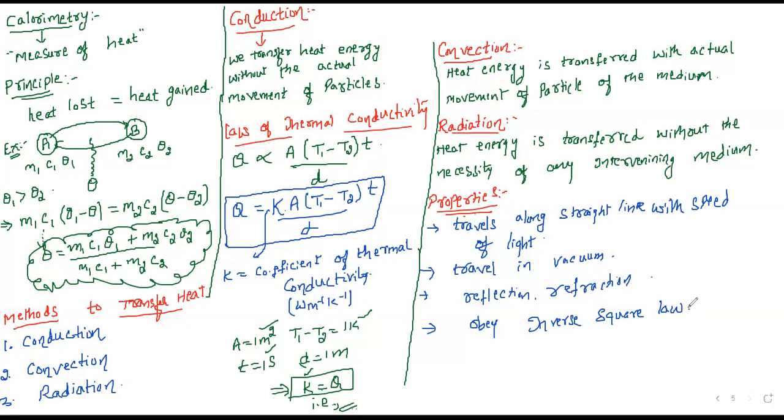Now, whenever radiation is incident on a body, if that body completely absorbs the radiation, then such a body, we usually call it a black body. So what is a black body?